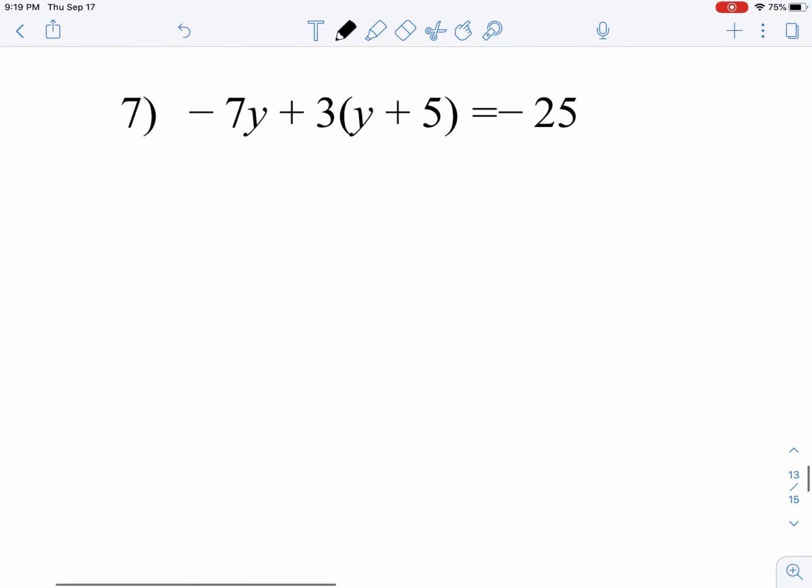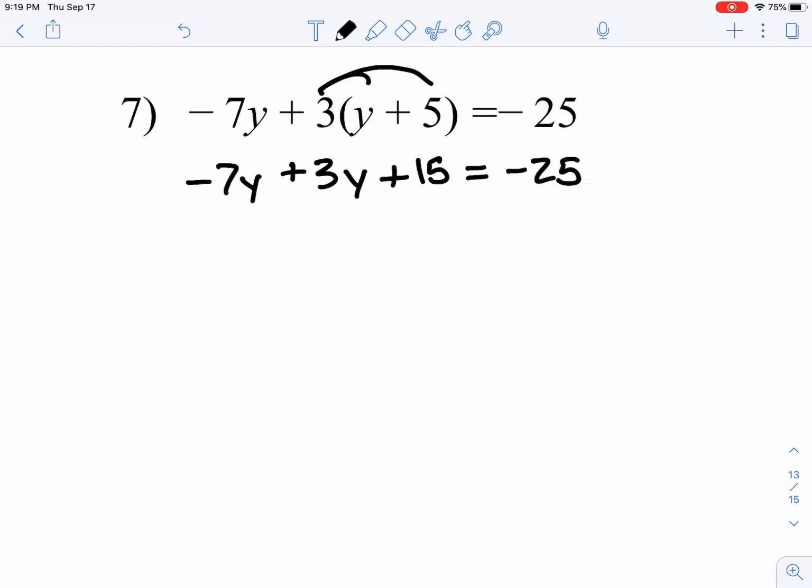Okay, number 7. We have another distributive property. So bring down my -7y plus 3y plus 15 equals -25. So -7 and +3 are going to make -4 if I combine those like terms right away. Plus 15 equals -25.